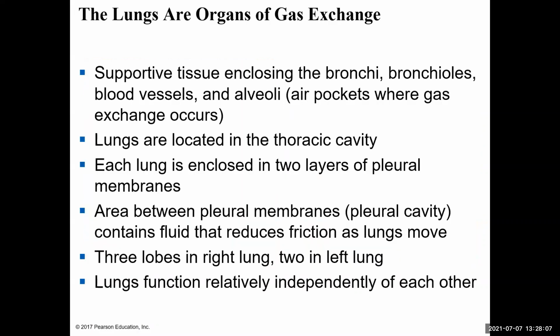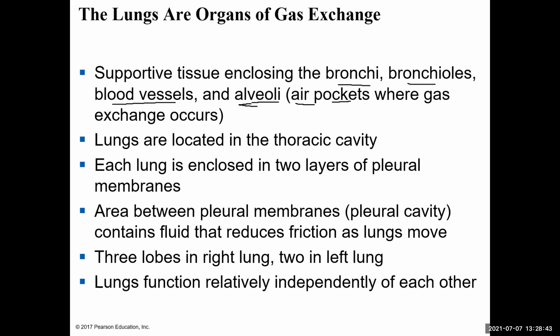Okay. And so next, moving on to the lungs. So the lungs are tissue that encloses the bronchi, the bronchioles, the alveoli, and the blood vessels that move into the lungs and interact with the alveoli. And so, like I mentioned, the alveoli are air pockets where that gas exchange happens. The lungs are located in the upper anterior body cavity, the thoracic cavity.